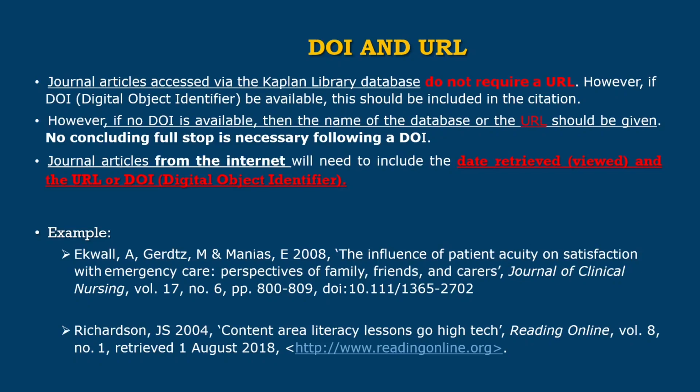Journal articles taken from the internet will need to include the date retrieved and the URL or the DOI. No brackets or full stop is given while giving the DOI in case of Kaplan-Harvard reference. However, if the DOI is not there, then the URL must be pasted, retrieved from, and the date is given before the DOI as shown in the example.